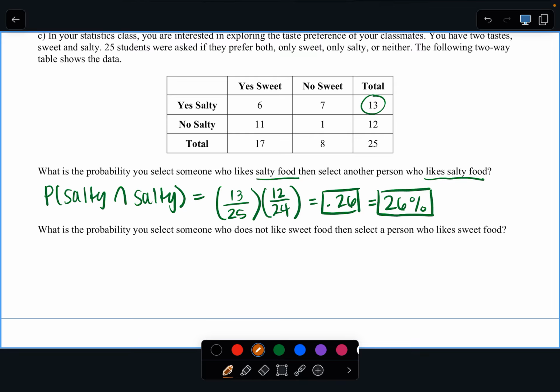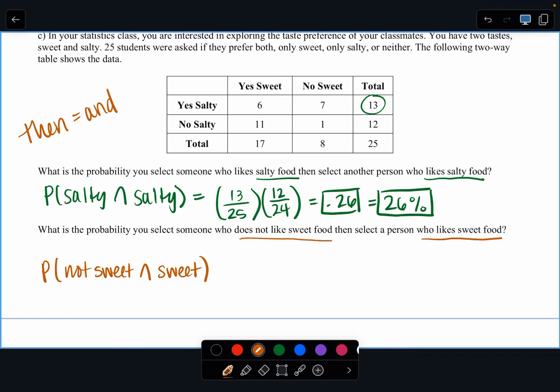And our last one. What is the probability you select someone who does not like sweet food and then select a person who likes sweet food? So I'm just going to say not sweet, and then we want a sweet. I also, just to convey, "then" is equal to "and."